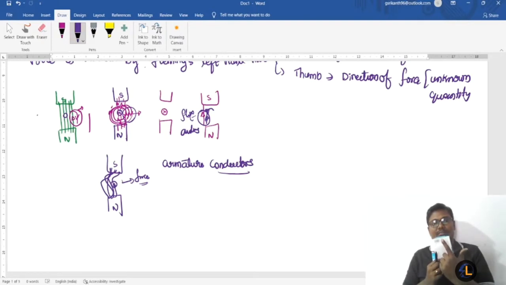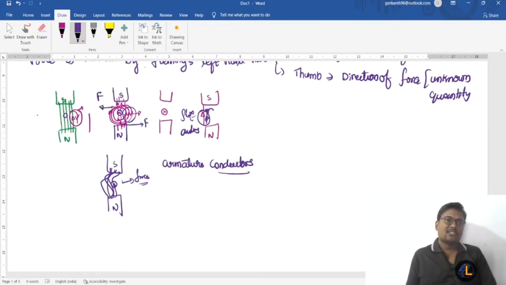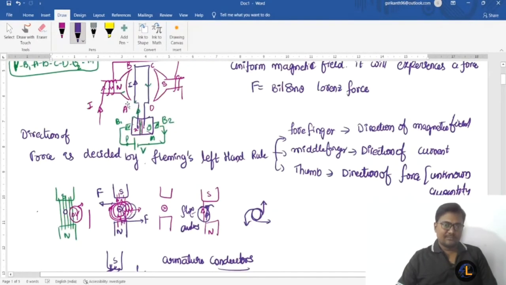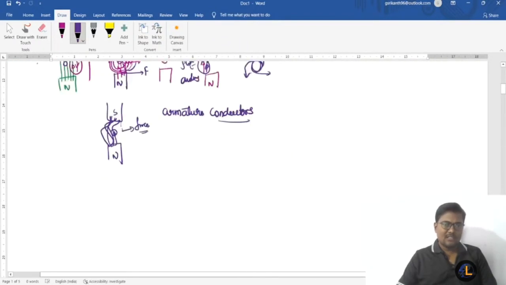The force which is developed here, let's check it. Is it a clockwise or anti-clockwise direction? The force which is developed here is in this direction, and the force developed here is in this direction. Then the conductors are rotating in anti-clockwise direction. By applying Fleming's left hand rule, we can know the direction. So here also the same thing, the conductors are rotating in anti-clockwise direction.